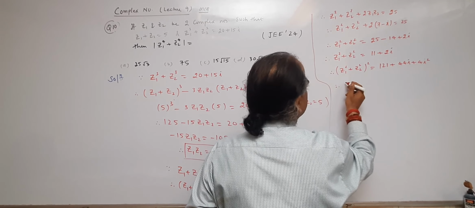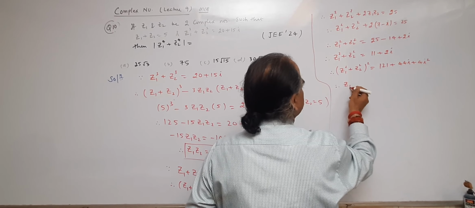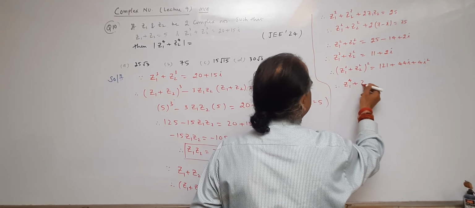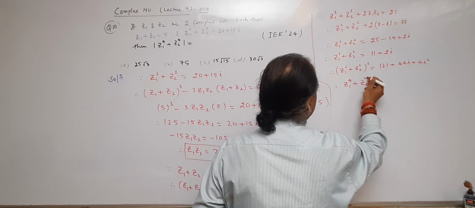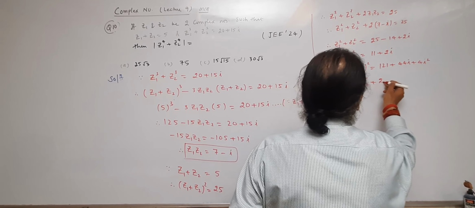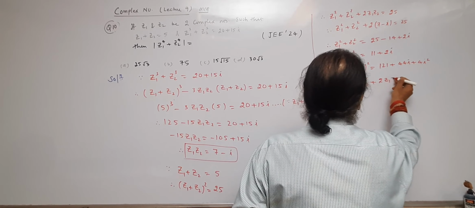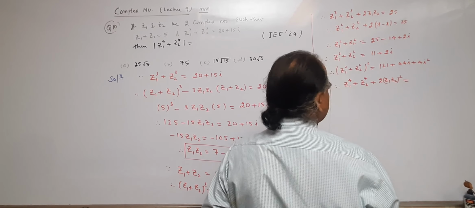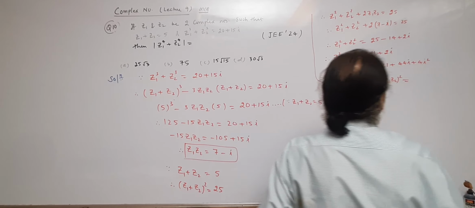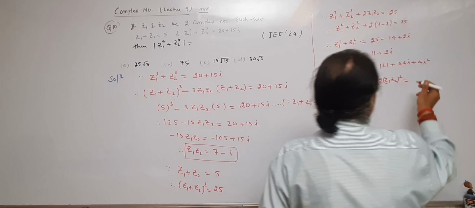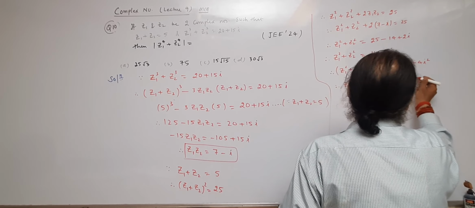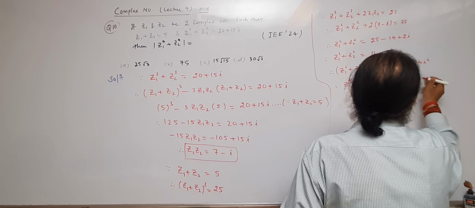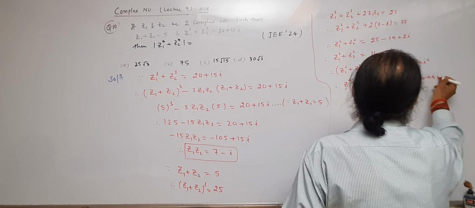Now this will be what? Z1 raised to 4 plus Z2 raised to 4 plus 2 Z1 Z2 square is equal to 121 minus 4, 117 plus 44i.